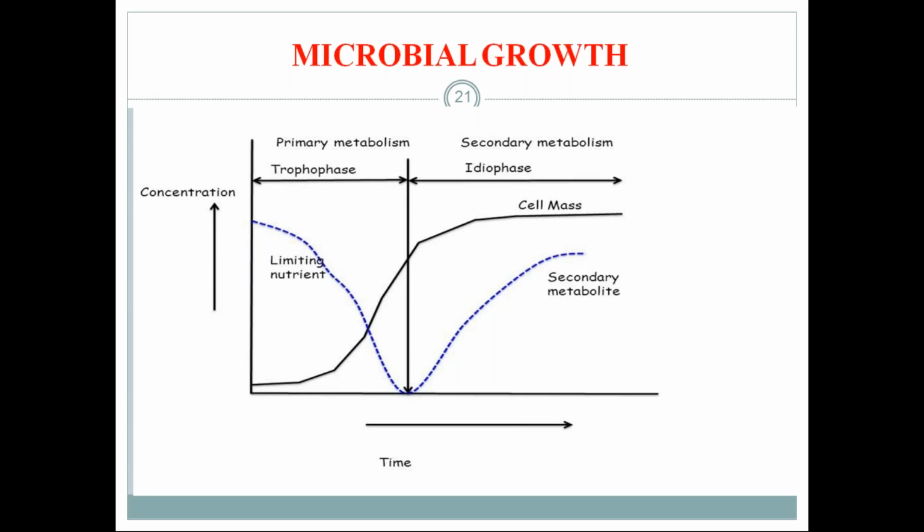When cell mass comes in the idiophase, limited nutrients are there, but cell mass is increased and secondary metabolites are produced in high amount. So from this graph, what we can understand is that in the trophophase there is a high production of primary metabolites, and in the idiophase there is a high production of secondary metabolites.